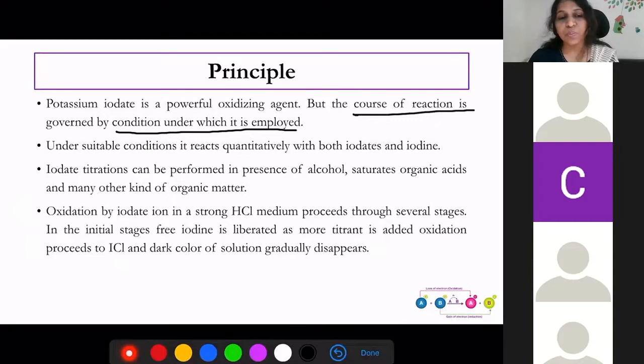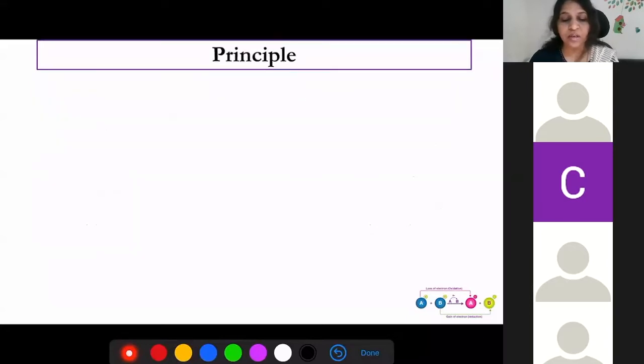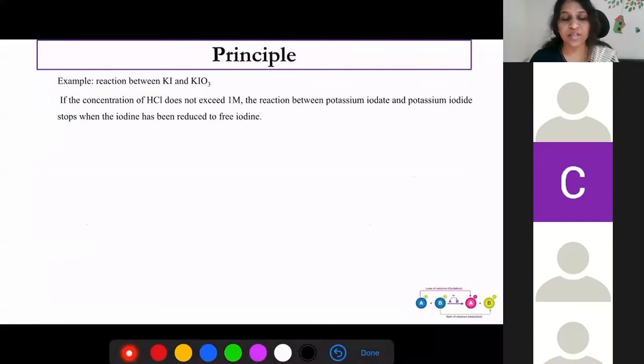Then the oxidation proceeds to the formation of ICl, and then the dark color solution gradually disappears. I do not expect you to understand this point right now. Let us look at the example and then you will understand the point very clearly.